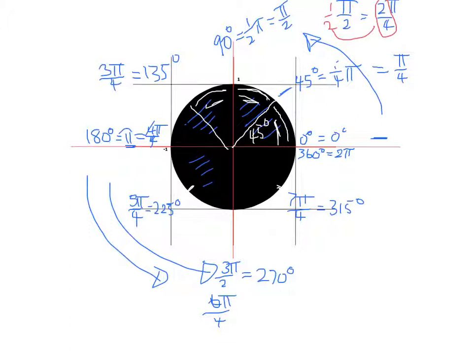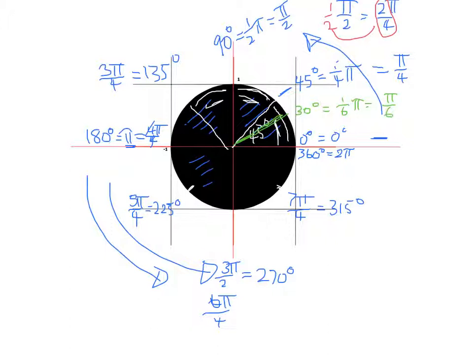So another common angle we have is 30 degrees. So that's 30 degrees there. How many times does 30 go into 180? 6 times. So that will be equal to 1/6 of pi, which is just pi over 6.